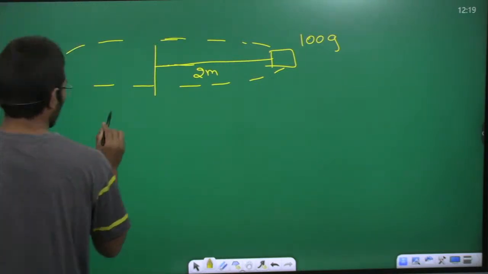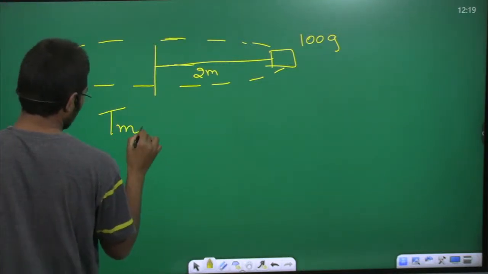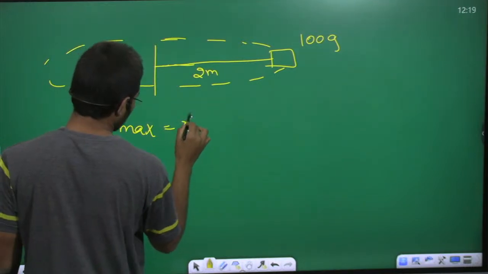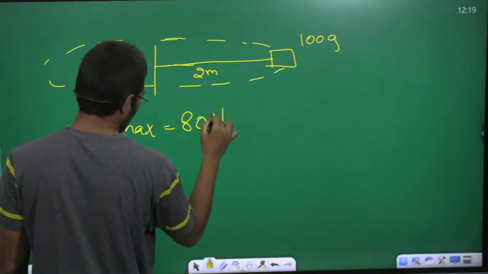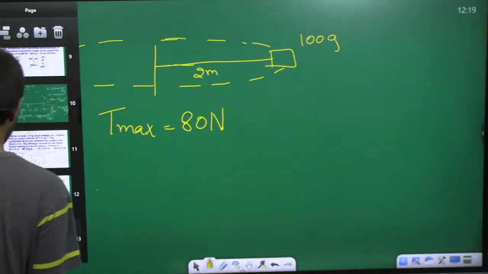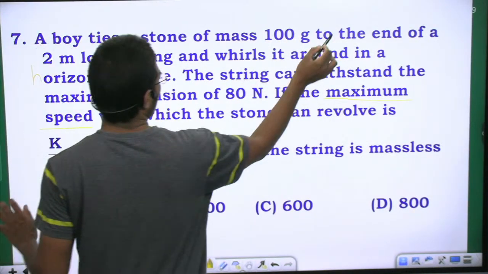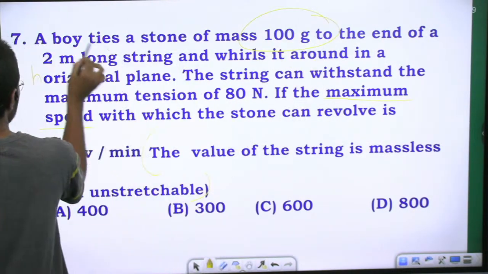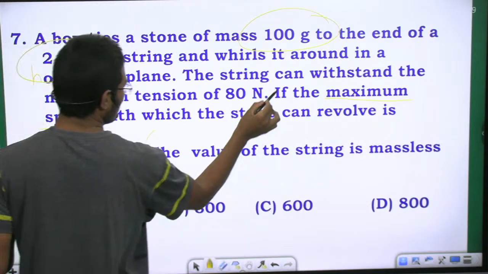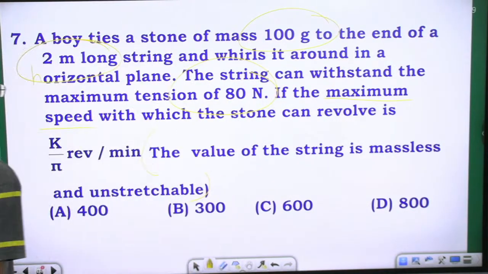So maximum tension, T maximum, is 80 newtons. Okay, so he's asking the maximum speed.